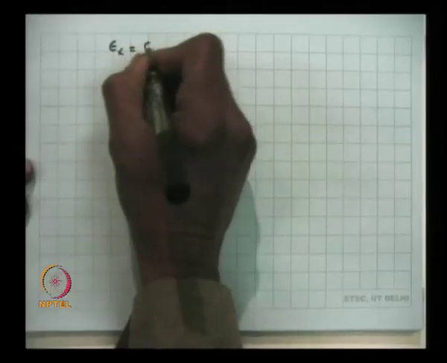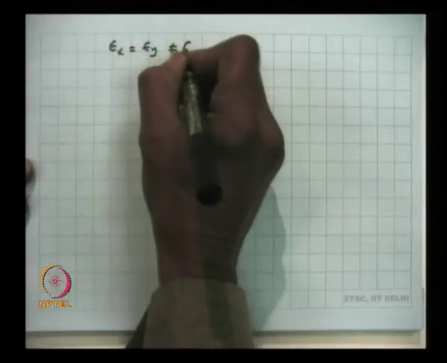We continue with the discussion on anisotropic media. Let us discuss what we have been looking at. We are looking at plane wave solutions in anisotropic media, and we found that there are uniaxial media for which epsilon x is equal to epsilon y is not equal to epsilon z.